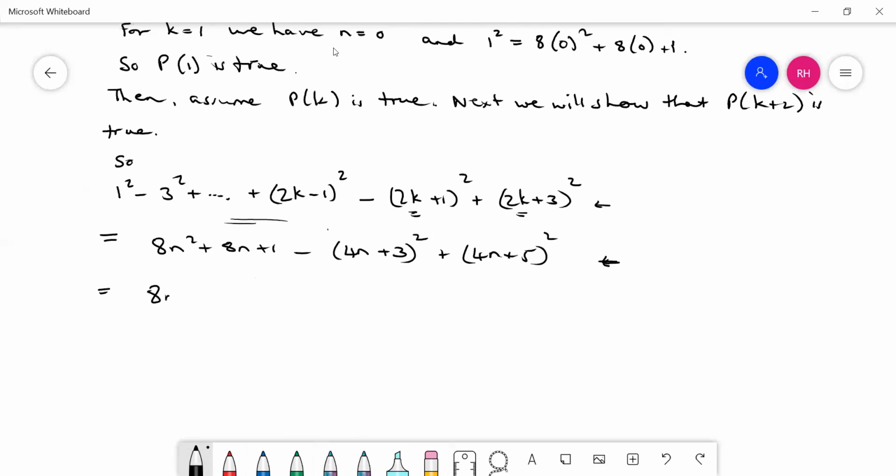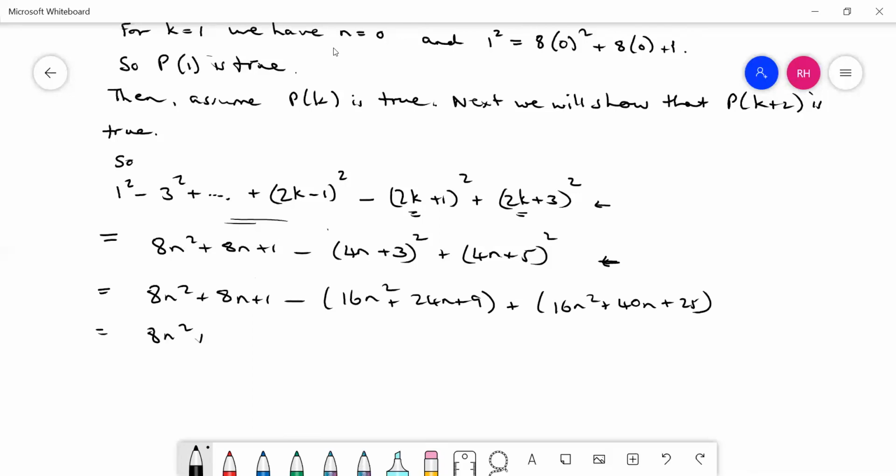So now I can just expand. Minus, so this is 16n squared plus 24n plus 9, plus, and I can expand this: 16n squared plus 40n plus 25, and this will equal 8n squared plus 8n plus 1 plus 16n plus 16, and that equals 8n squared plus 24n plus 17.